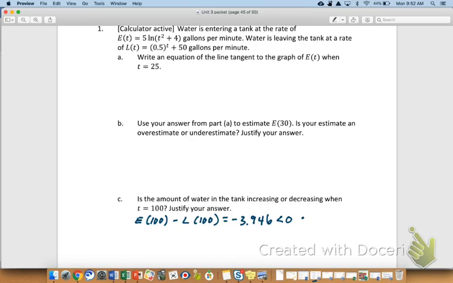We can say, therefore, the amount of water is increasing or decreasing? Decreasing, yeah, there we go. Decreasing at t equals 100. And we would leave it at that.